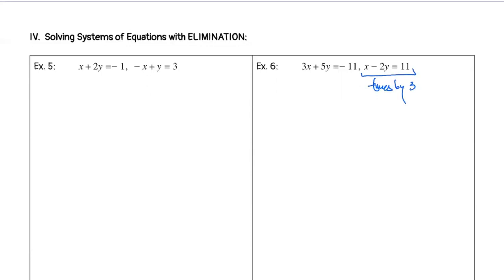What's another thing we could do? If we didn't want to multiply by 3, that second equation, what else could we do? We could multiply the x minus 2y equals 11 by 5, and then multiply the 3x plus 5y by 2.